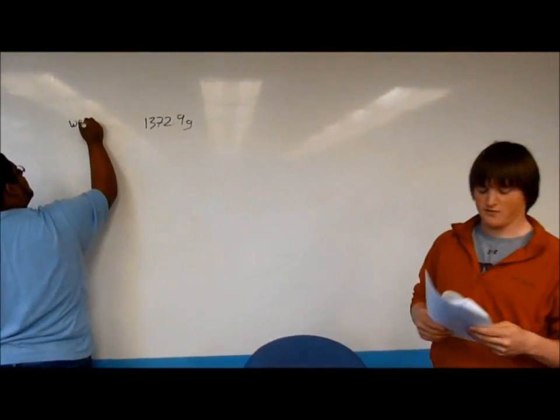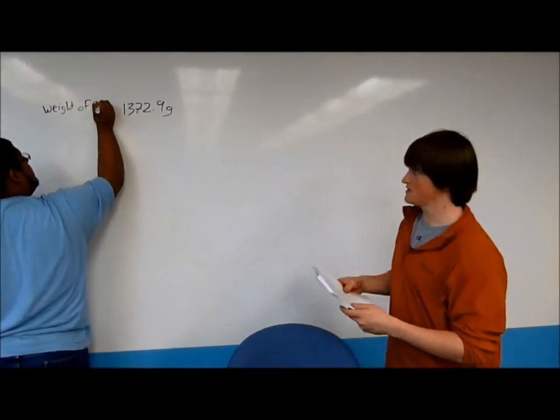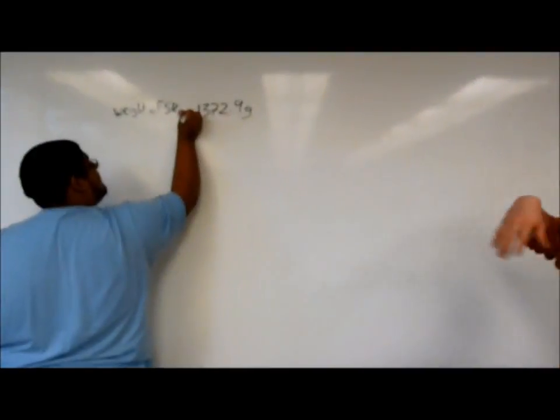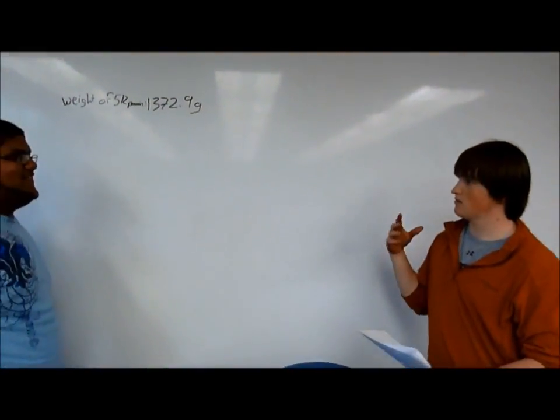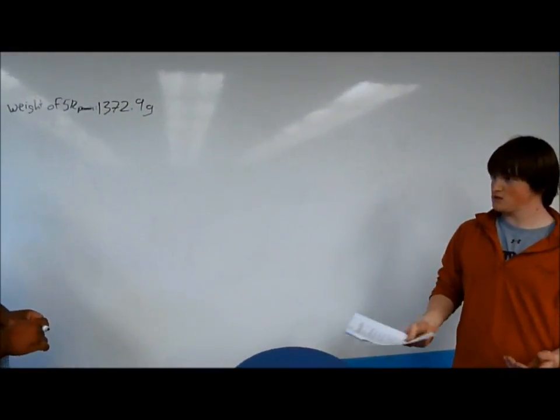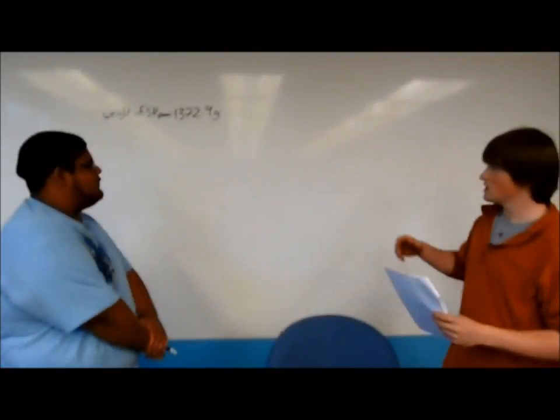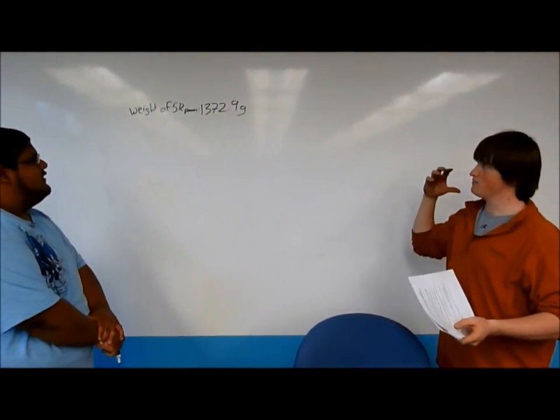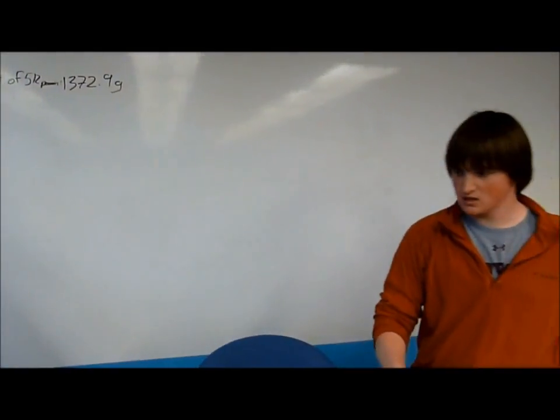Okay. For the next part of our experiment, we have to finish off by saying that the weight of 512 pennies without the 300 milliliter beaker was 1,372.9 grams. But in order to present our next experiment, we want to find how many pounds 1,372.9 grams is.